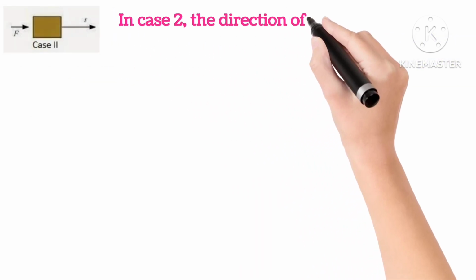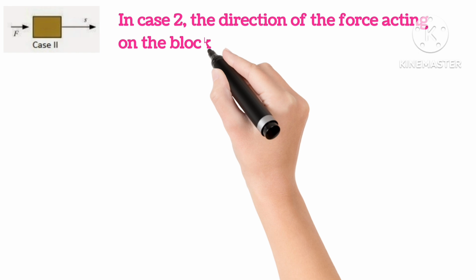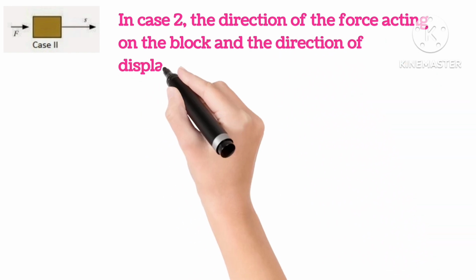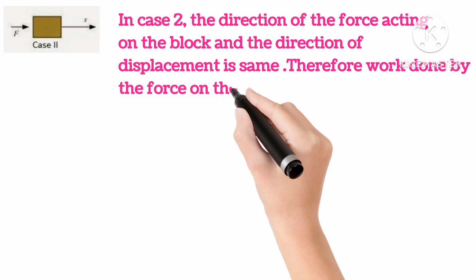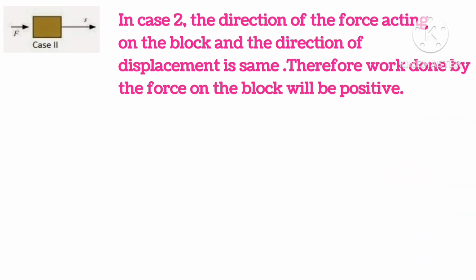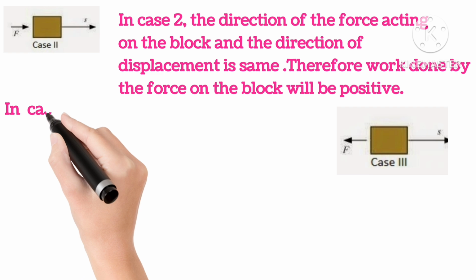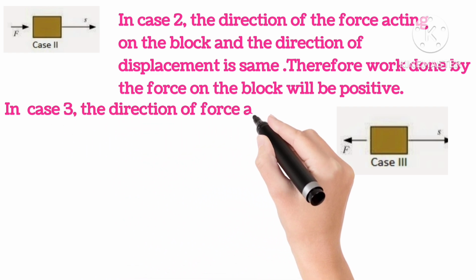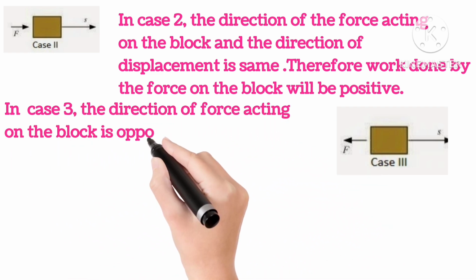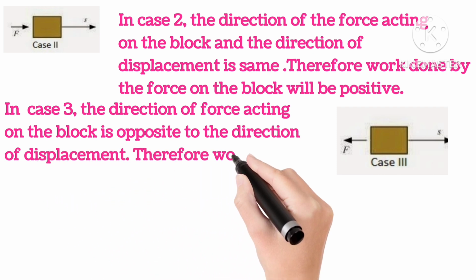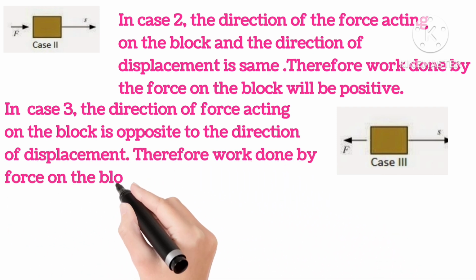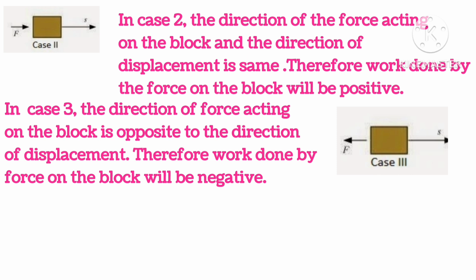In case 2, the direction of the force acting on the block and the direction of the displacement is the same. Therefore, the work done by the force on the block will be positive. In case 3, the direction of the force acting on the block is opposite to the direction of the displacement. Therefore, the work done by the force on the block will be negative.